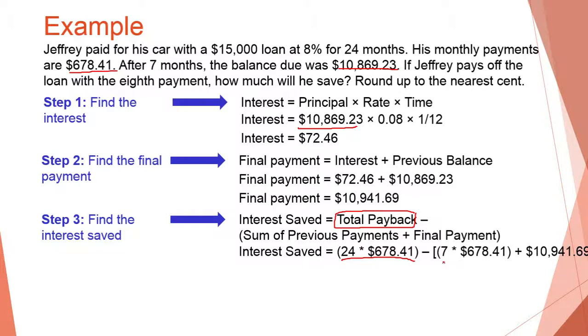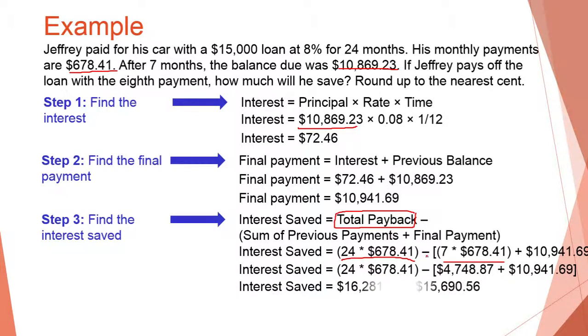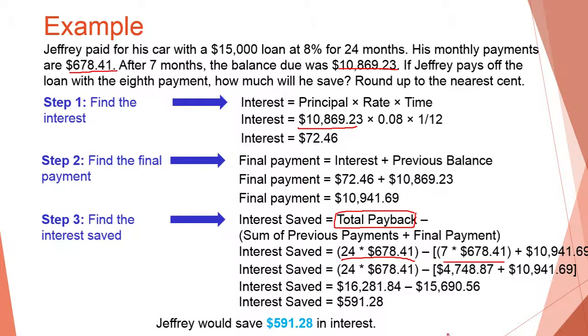Minus, so far he's only paid 7 payments of it. That's why you get the 7 right there. Multiply by the monthly payment plus the final payment. Order of operations, we end up with $16,281.84 minus $15,690.56. So Jeffrey was able to save $591.28.